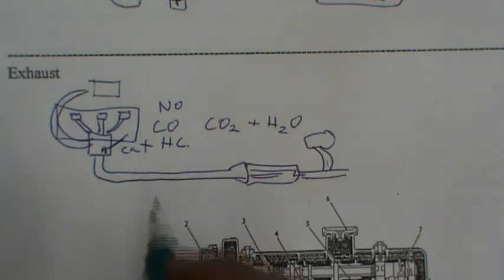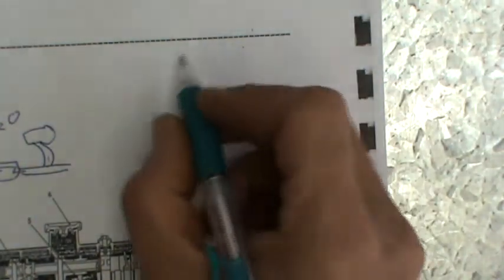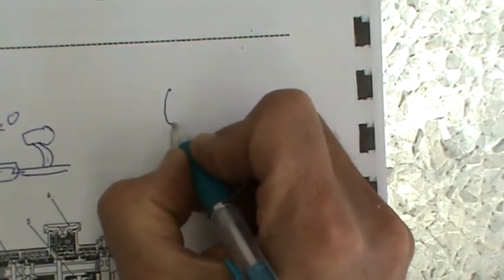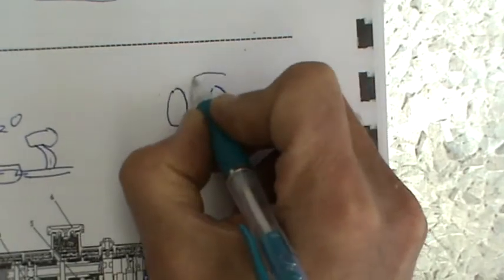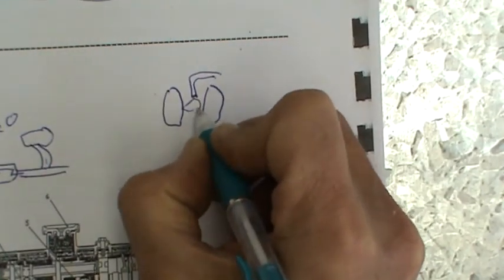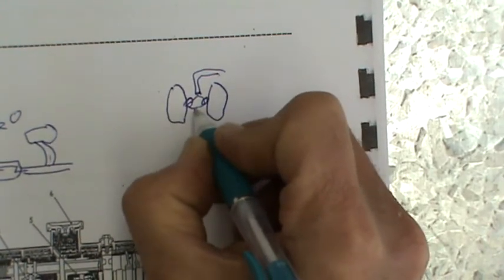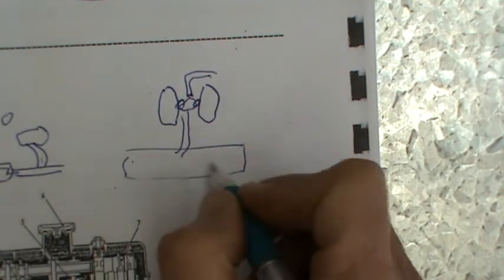So that's a very simple exhaust. If you've got a turbocharger, the turbocharger is lubricated by oil that comes into the top and then lubricates all the bearings and then goes back down into the sump like that.